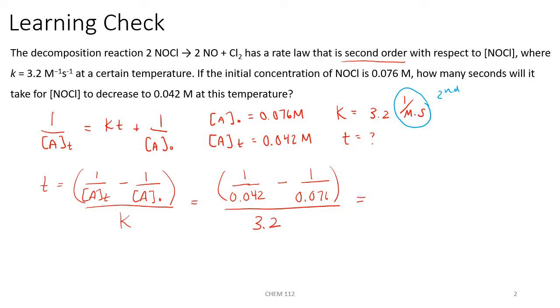Our time in this case is going to end up being in units of seconds because those were the units that were associated with our rate law constant. So T will come out to being 10.65 in the numerator divided by 3.2, which will be 3.33 seconds.